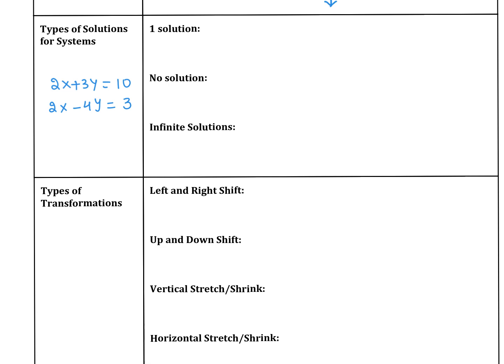So you're going to have these types of equations for a system of equations. If you have one solution, it means it's going to be an ordered pair, which looks like (x, y), a point where the two lines cut or intersect each other.